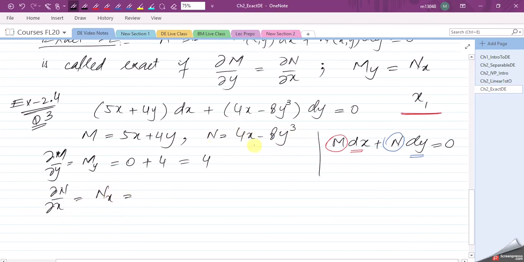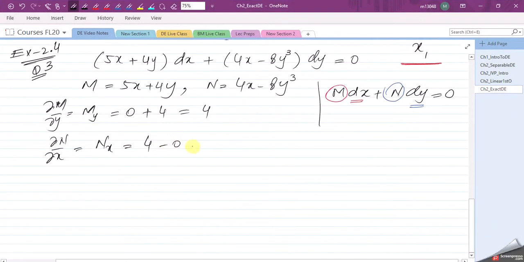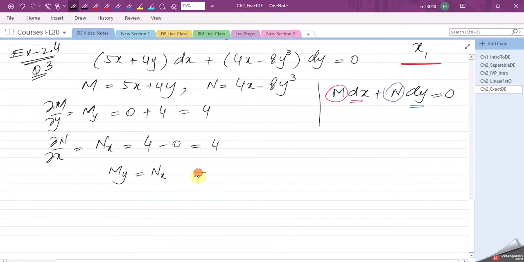Derivative of 4x gives 4, minus no x here, because it's 8y cube. This is 0 and that is 4. Clearly we can see that M_y equals N_x. This implies the differential equation is exact.